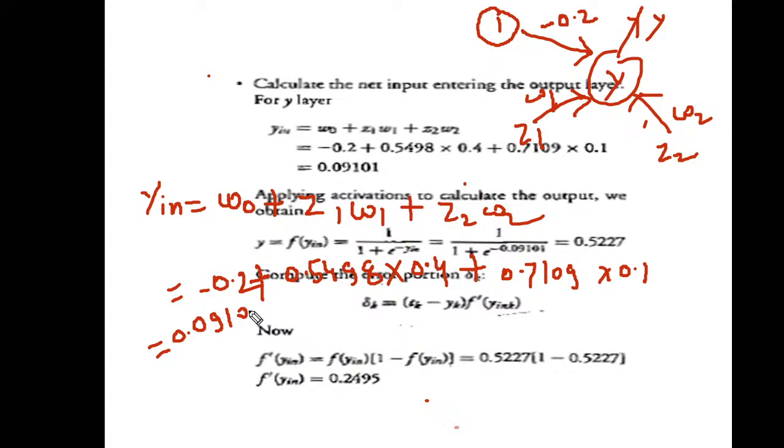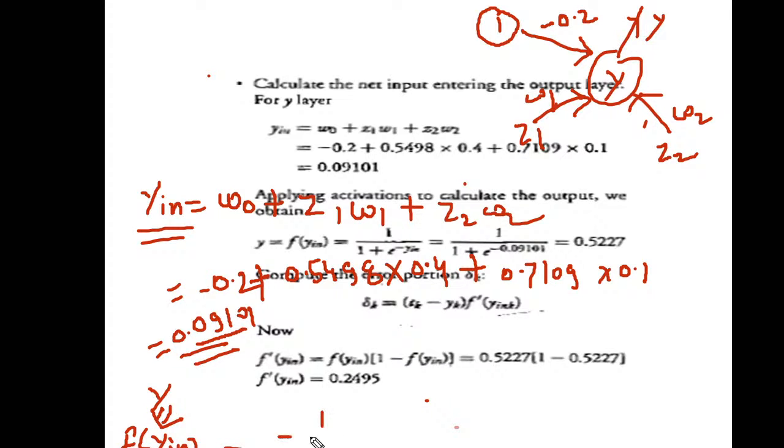After the decimal point you can take up to 4 values. Once you have this y in, you can substitute inside the function f of y in to calculate y.